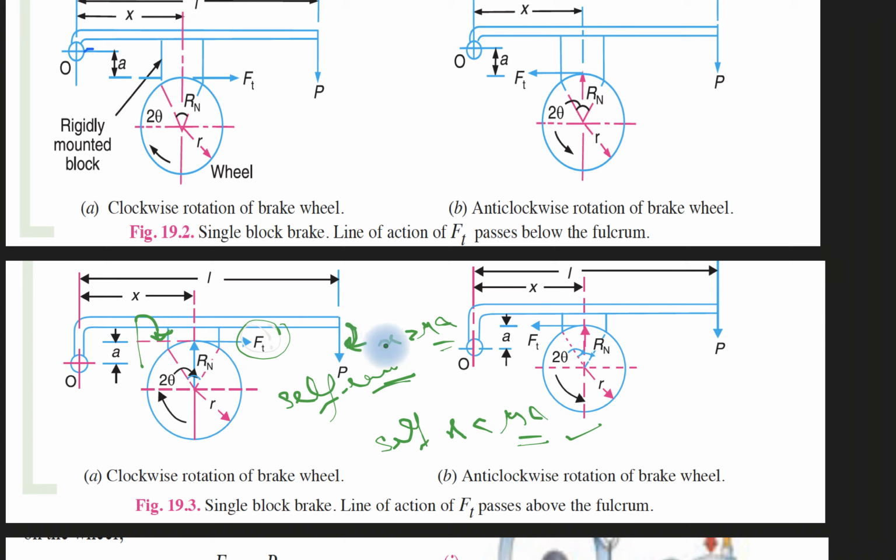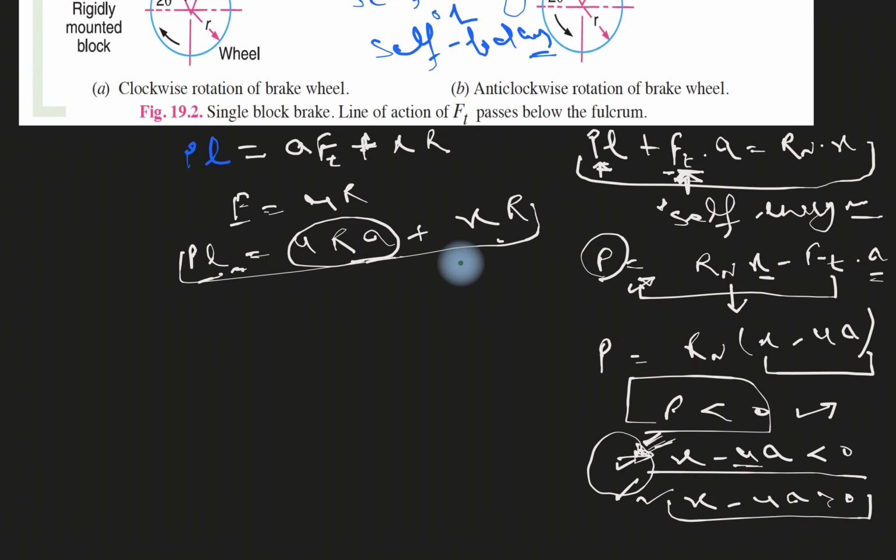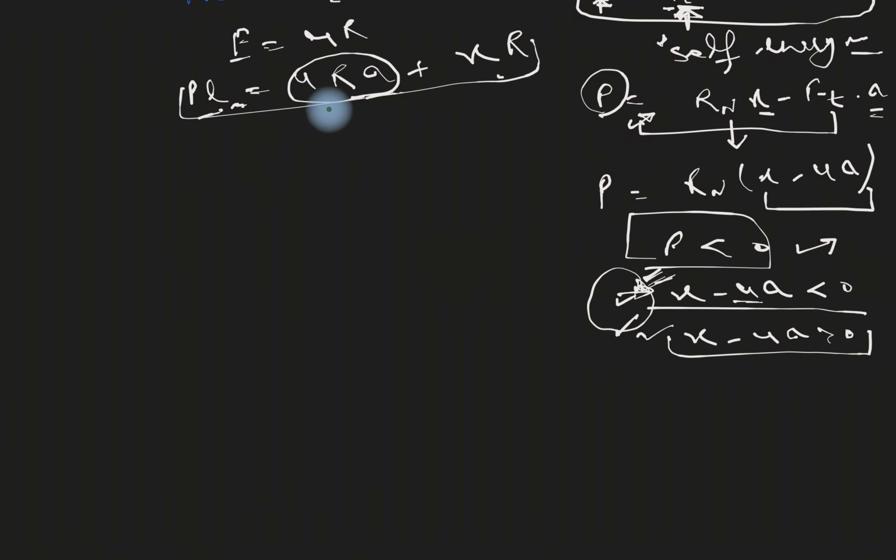One question has come in the GATE examination. One more thing we will discuss: how to draw the free body diagram of a single block brake. Suppose this is our wheel and this is my block.